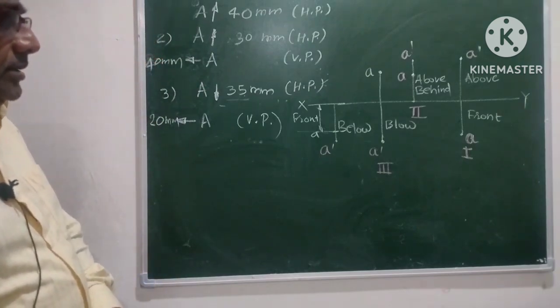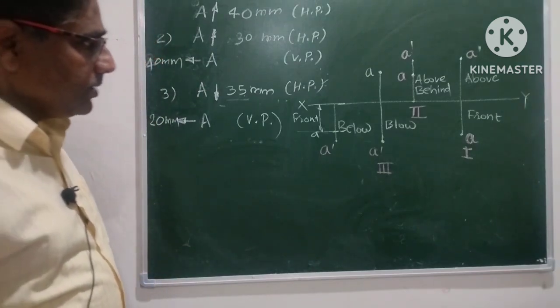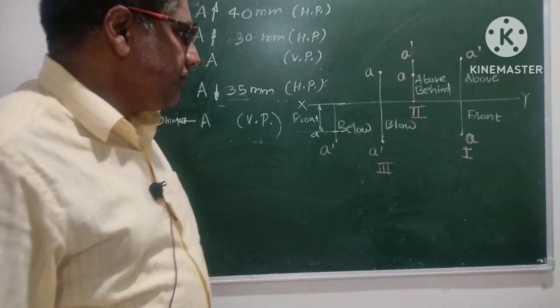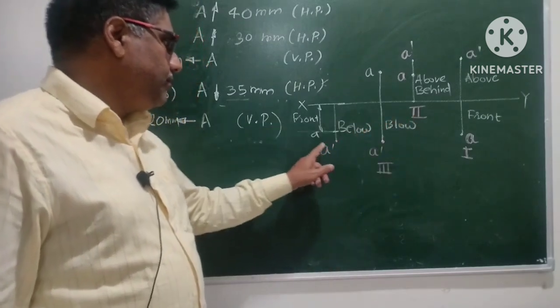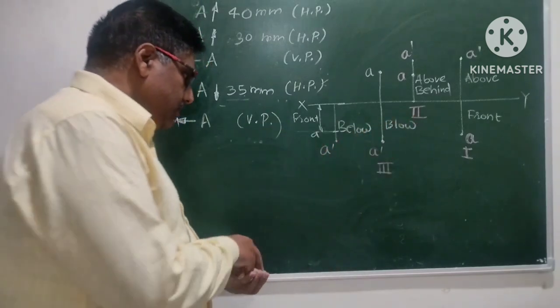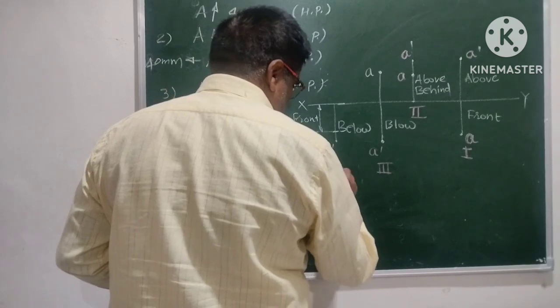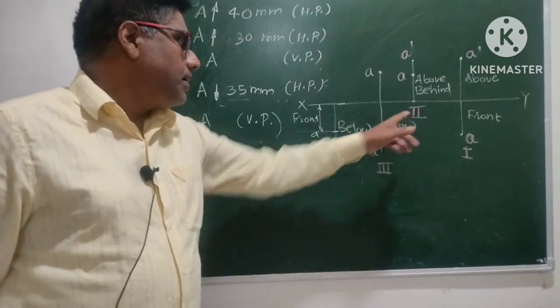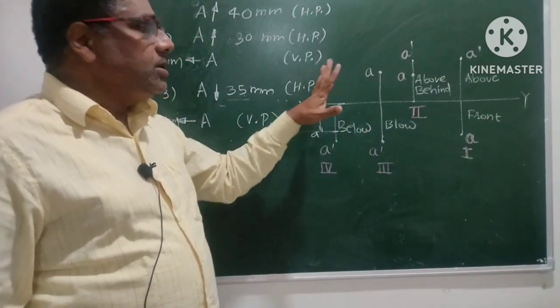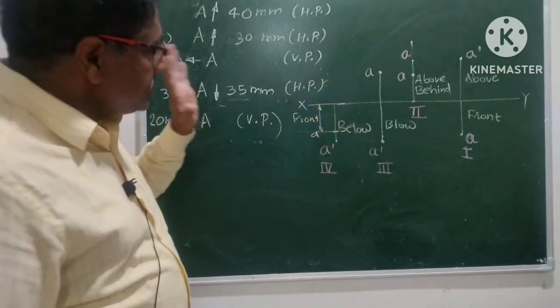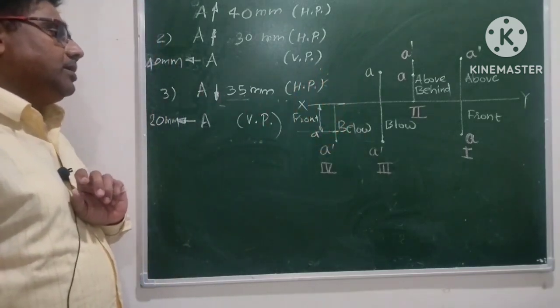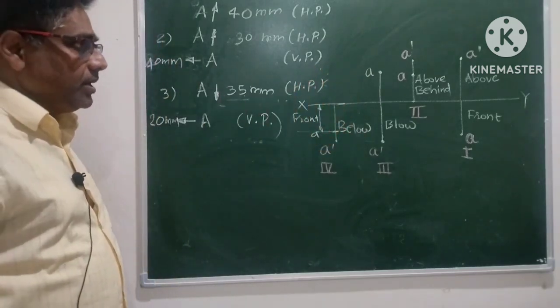See, if you observe carefully what is happening in case of second and fourth quadrant, both the views, front view as well as top view, we are getting on the same side of XY line.